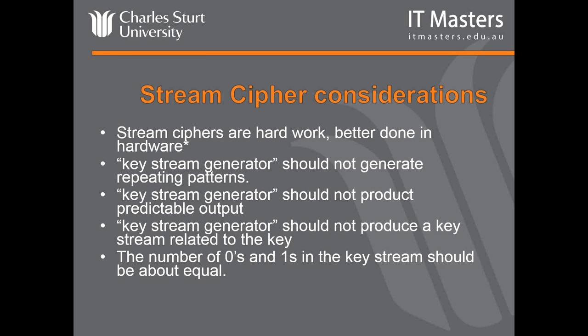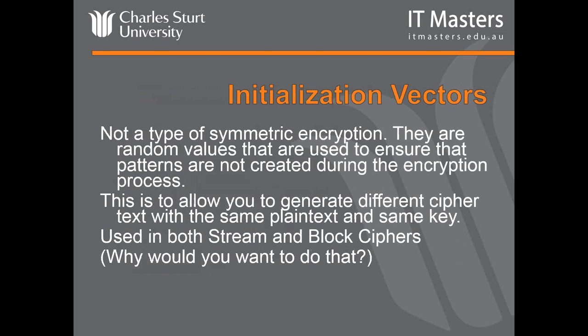If it has repeating patterns, then people can use that and the differences to actually decrypt your data. It should not produce predictable output, or people can break your data. The key stream generator should not have anything related to the key, or people can break your data. The number of zeros and ones should be random and equal.